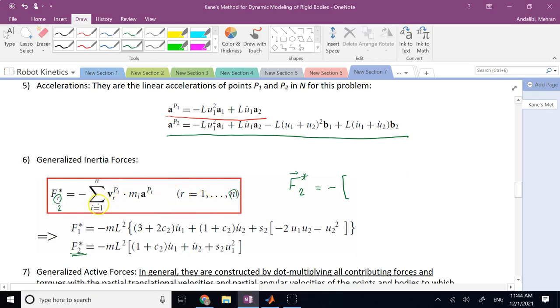So let's plug in I of 1 here. You will get V1.